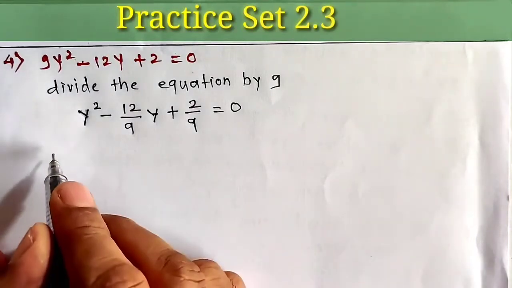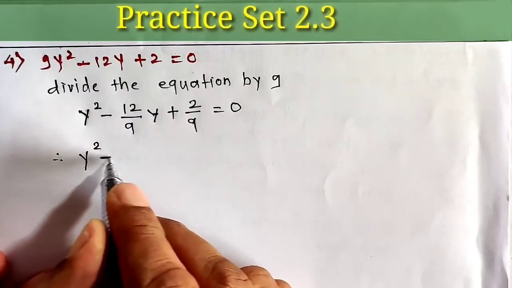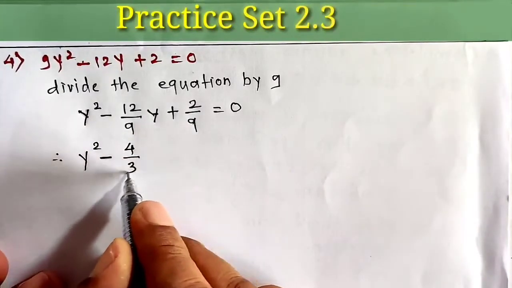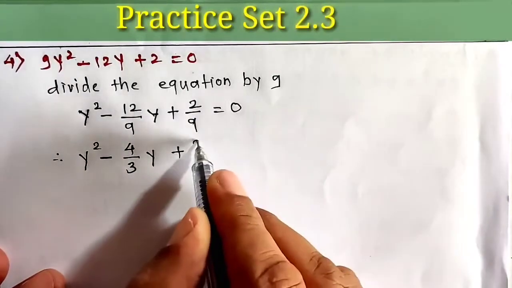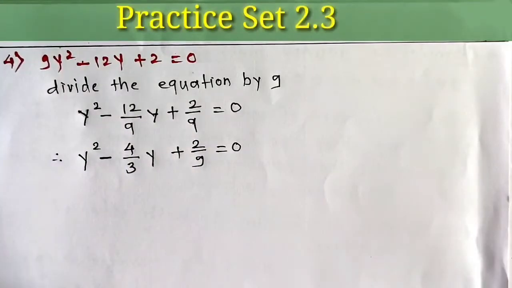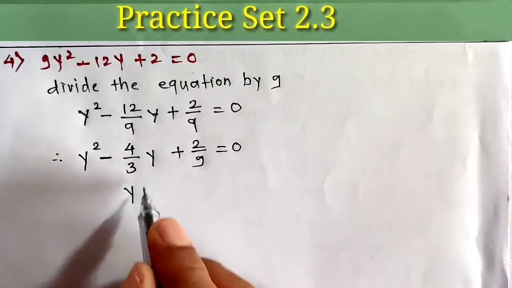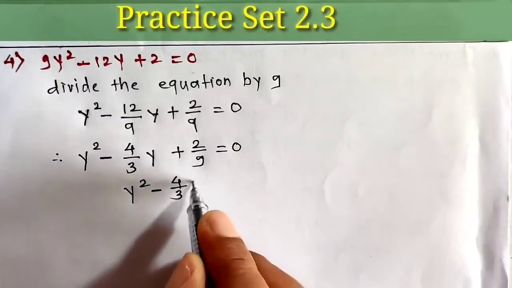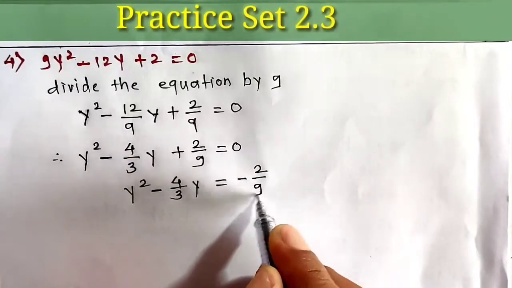Now simplify this equation. So y square minus, here 3 4s are 12 and 3 3s are 9, 4 by 3 y plus 2 by 9 is equal to 0. Now we have to write this constant term to the right hand side. We get equation 1: y square minus 4 by 3 y is equal to minus 2 by 9.